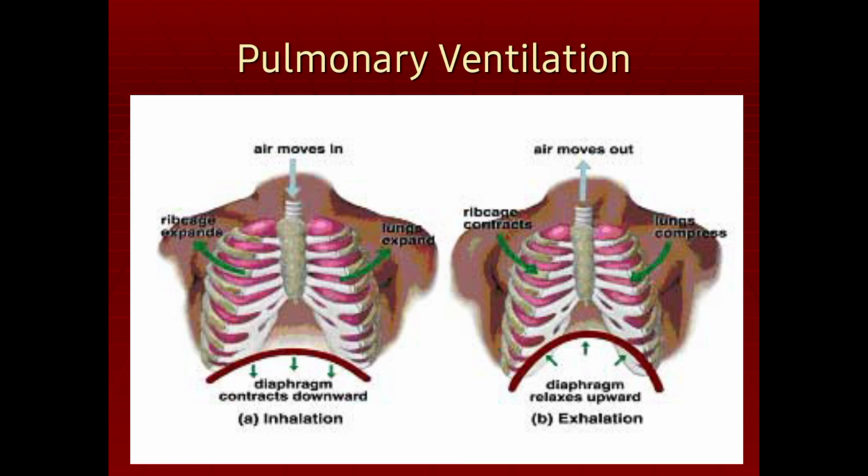Then the intrapulmonary pressure becomes negative, decreasing around 1 to 3 millimeter mercury.